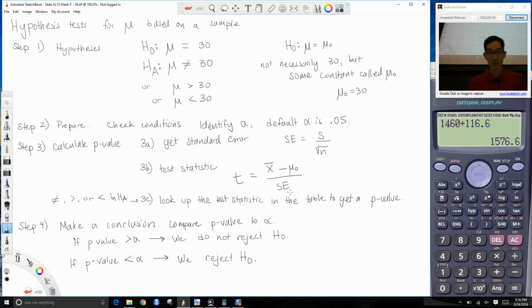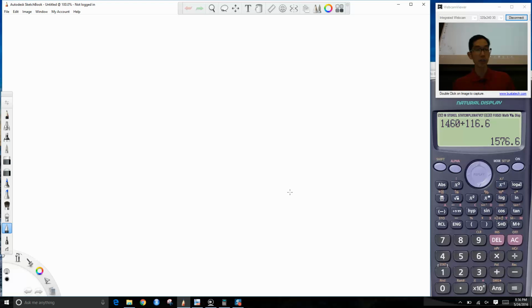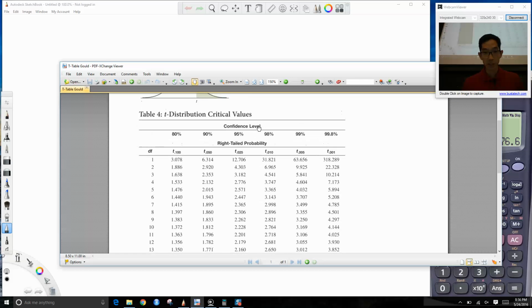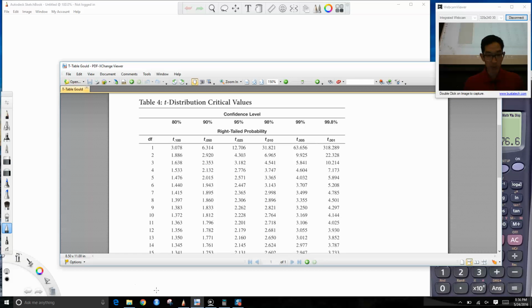All right, so let's talk about looking up the test statistic to get a p-value. For this, we're going to use the t-table. I'm going to copy part of this here.